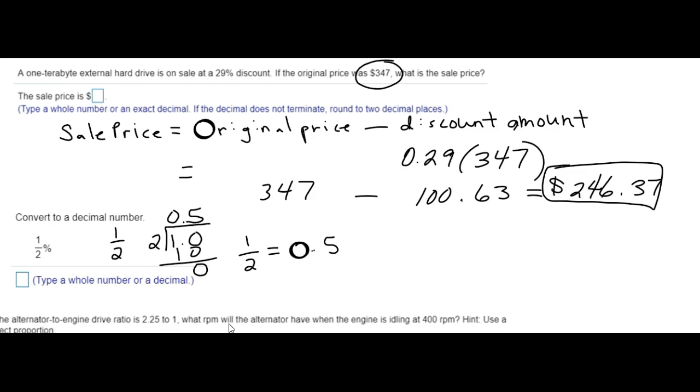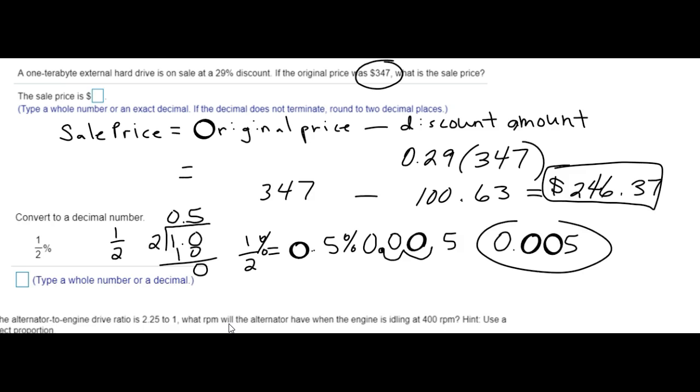But 1/2% is the same as 0.5%. Therefore, to convert that decimal to a percentage, we're going to move that decimal 2 places to the left and include zeros for placeholders. So 1/2% is the same thing as 0.005. The tiny little number, 1/2%.